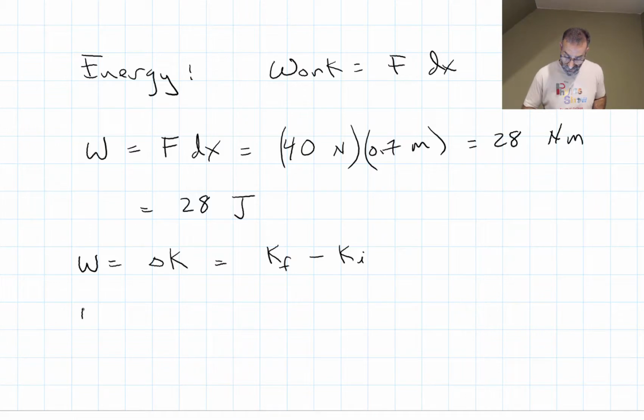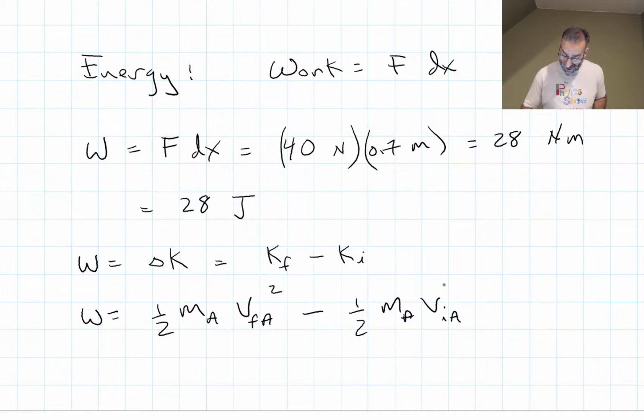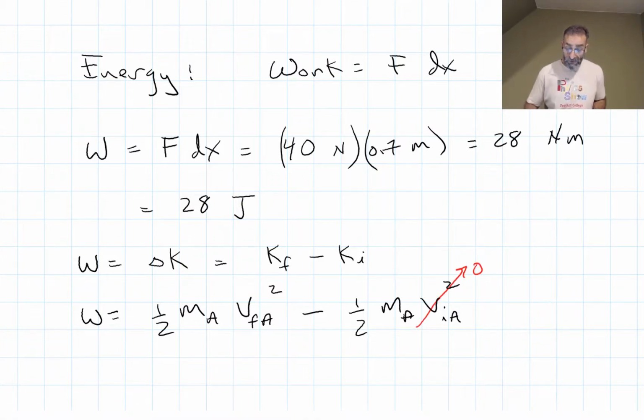So the work done is going to be the final kinetic energy, 1/2 m_A v_final for cart A squared, minus 1/2 m_A v_initial for cart A squared. And v initial, we know, was 0. So the cart had no kinetic energy at the beginning of the problem. It only had kinetic energy at the end of the problem.